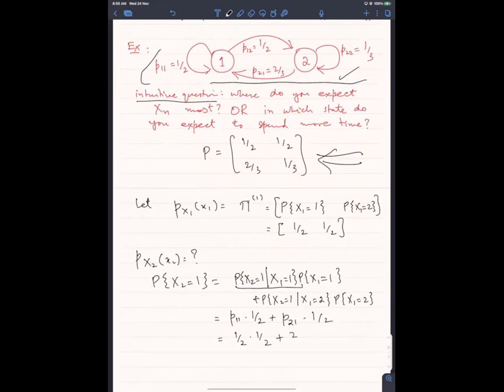P21 is 2/3 into 1/2, which is equal to आपके पास आ जाते हैं 7/12. So the probability that x2 is equal to 2, x2 जो है, which is the time instant 2 के ऊपर state 1 हो या 2 हो, इसके अलावा और कुछ नहीं हो सकता. So this is 1 minus 7/12, which is 5/12.